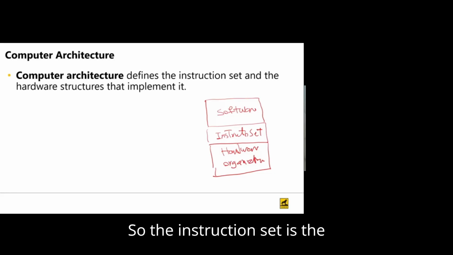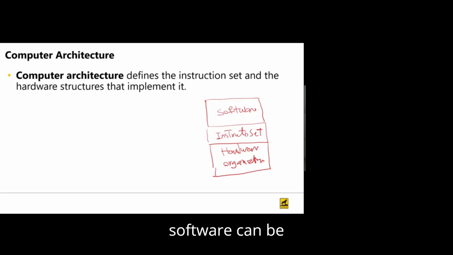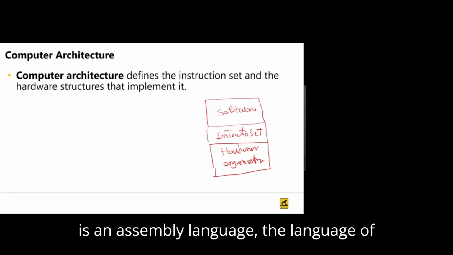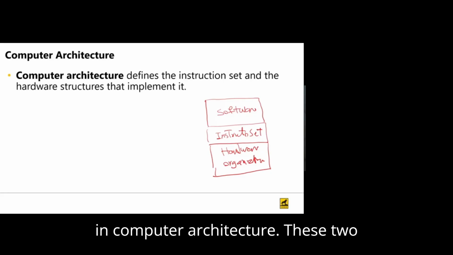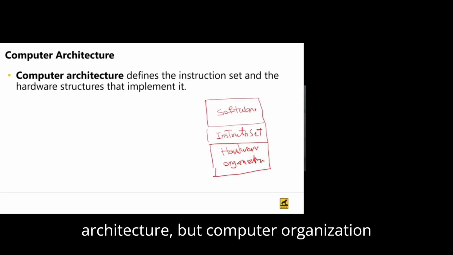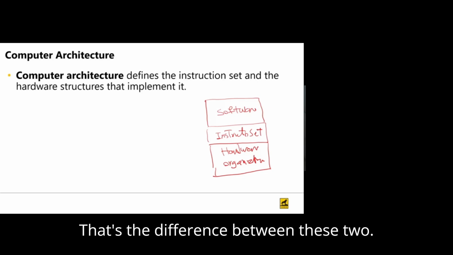So the instruction set is an interface between the software and the hardware. This software can be an operating system, an algorithm that you're writing, compilers, BIOS is still a software part. And the instruction set is an assembly language, the language of the machine. That is considered in computer architecture. These two parts together become computer architecture, but computer organization is just hardware. That's the difference between these two.